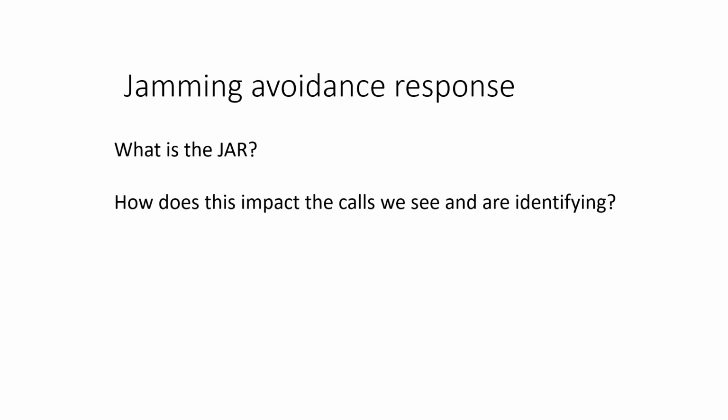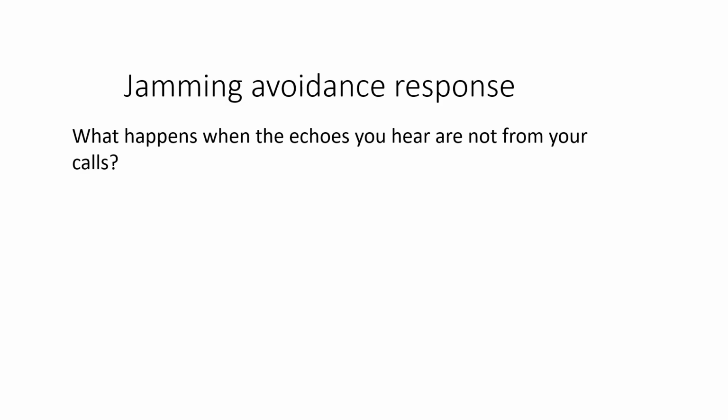What is jamming avoidance response? How does this impact the calls we see and are trying to identify? So let's do a hypothetical of two bats flying in the same space, the same species, pretty much looking for the same prey. What happens when the echoes you hear are not from your own calls?